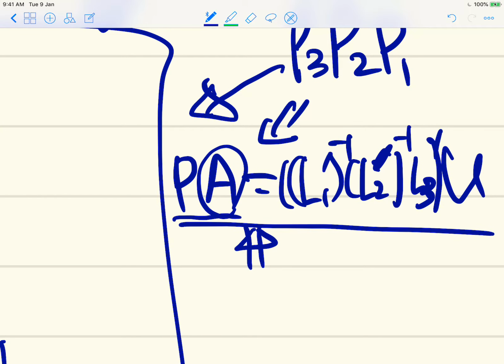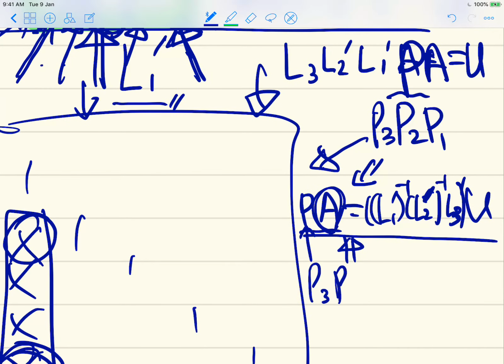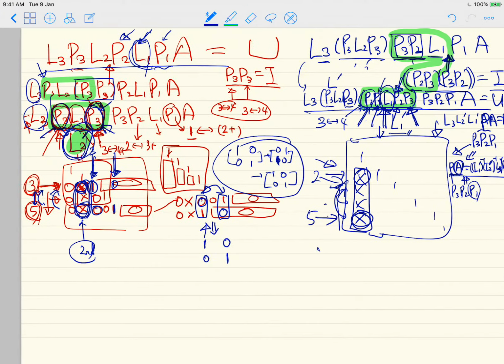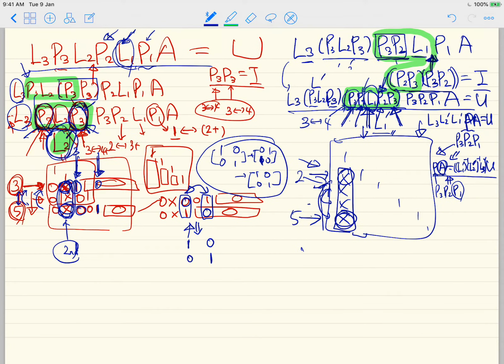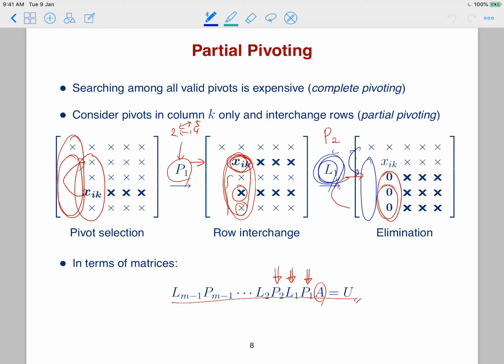In this form, we have an A. And then what is P? In this case, it's P3, P2, P1, right? So what was P1? P1 was the row interchanges identified during the process of finding the biggest element in the first column.